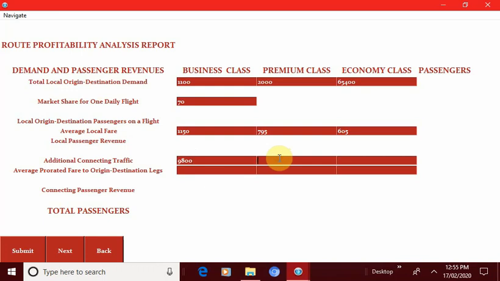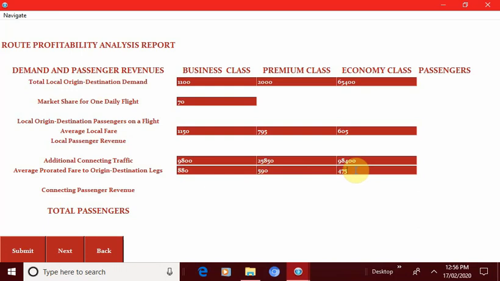Then for premium class it's something like, say, 25,850, and for the economy class, say, it's 98,400. The average prorated fare for this particular additional traffic, say for business class, is 880, for premium class is 590, and for economy class is 475.